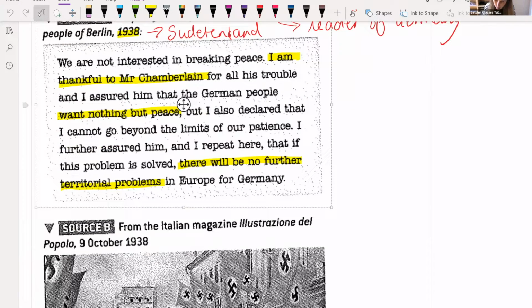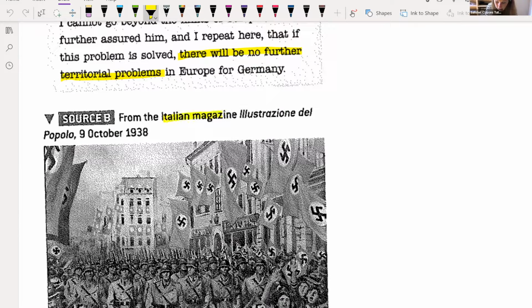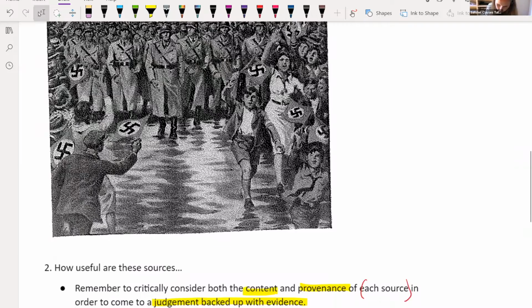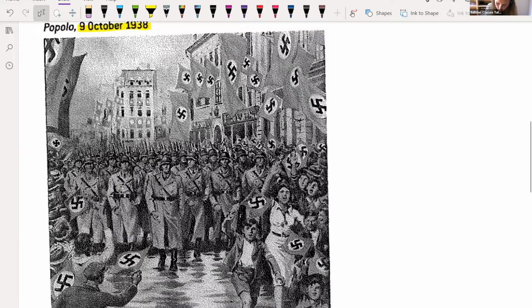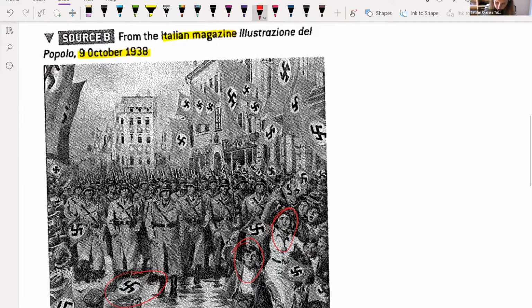Okay, so that's one thing that we're having a look at. Then we've got another source here, and this is from an Italian magazine on the 9th of October 1938. This shows Hitler and the Nazis walking in, and what's important here is looking at the people's faces, at the support that is being given to the Nazis as they invade.